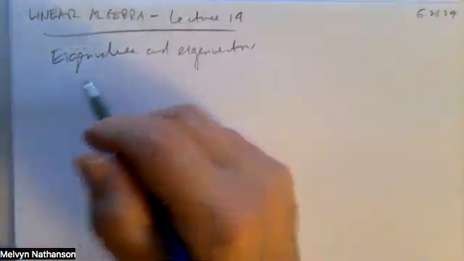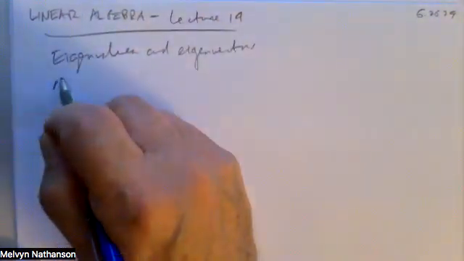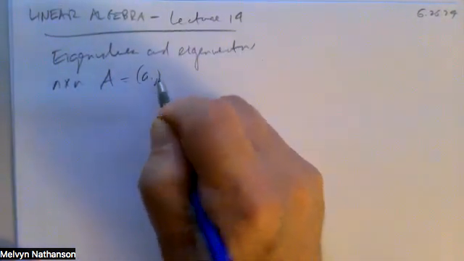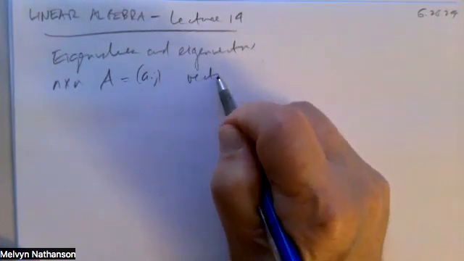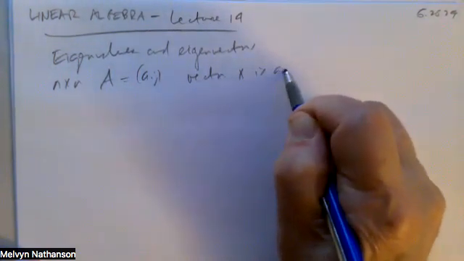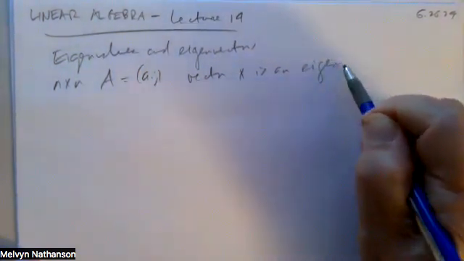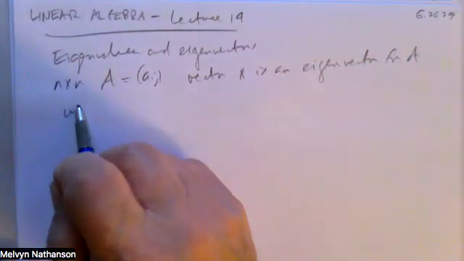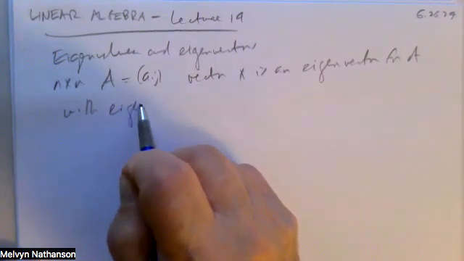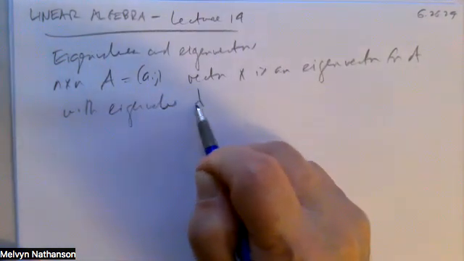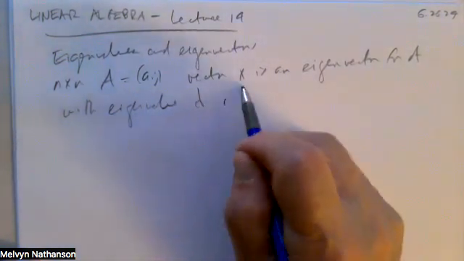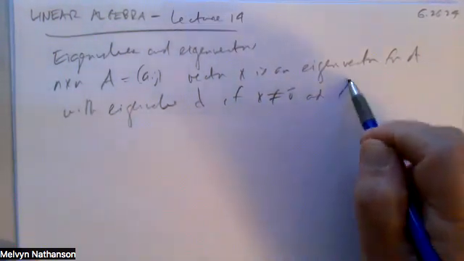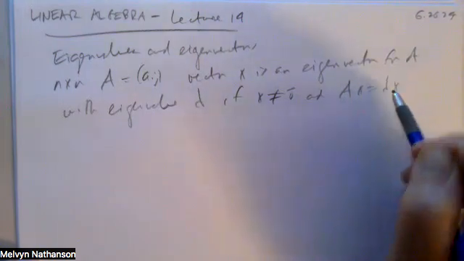So we have, let's say, a matrix A, an n by n matrix, Aij, and a vector x is an eigenvector for A with eigenvalue lambda if first x is not the zero vector and Ax is lambda x.